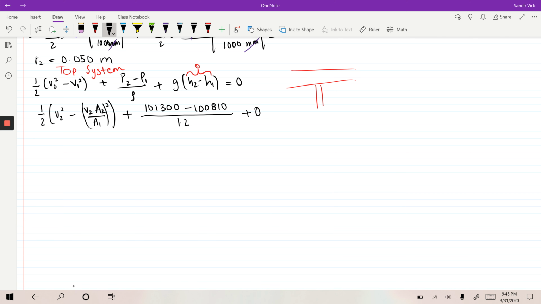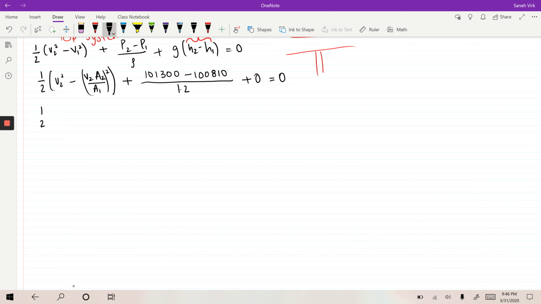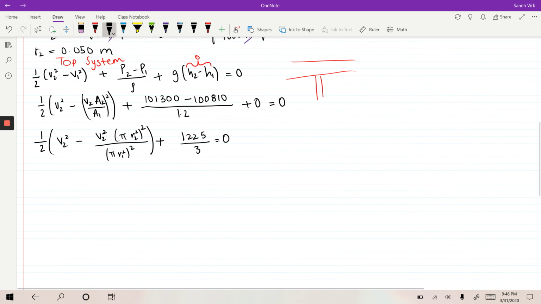Plus 0 equals 0. This leaves us with 1/2 V2 squared minus V2 squared pi R2 squared, make sure you're squaring it because it's A2 squared, over pi R1 squared, plus, solving that in the calculator, 1,225 over 3 equals 0.